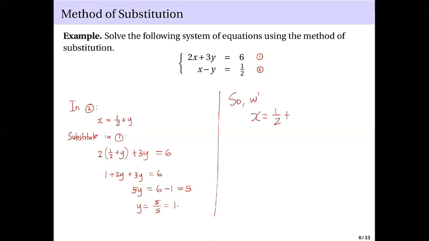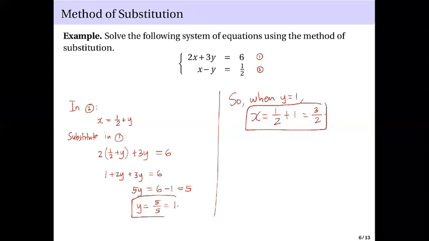So when y equals 1, that's what we have in here, x equals 1/2 plus 1, this is equal to 3/2. Okay? So you can now box these two: y equals 1 and x equals 3/2.